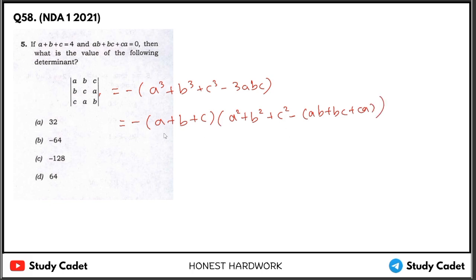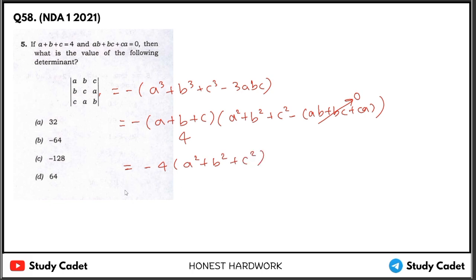This is 4 and this is 0. Now minus 4 into a square plus b square plus c square.